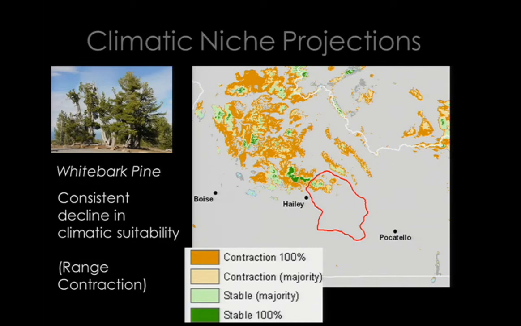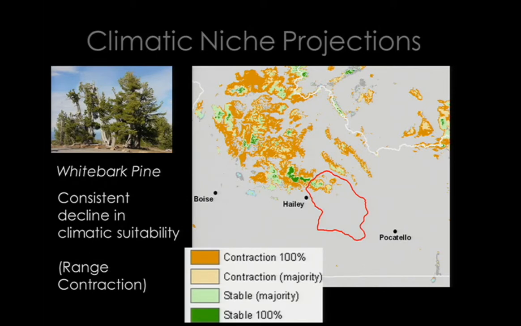So this is for whitebark pine, and this red area was our study area landscape that we were working in. There's a lot going on in this map, but essentially what you need to look at is the orange color, which are areas that are currently within the range that are expected to become less climatically suitable. So it's a contraction of suitability.